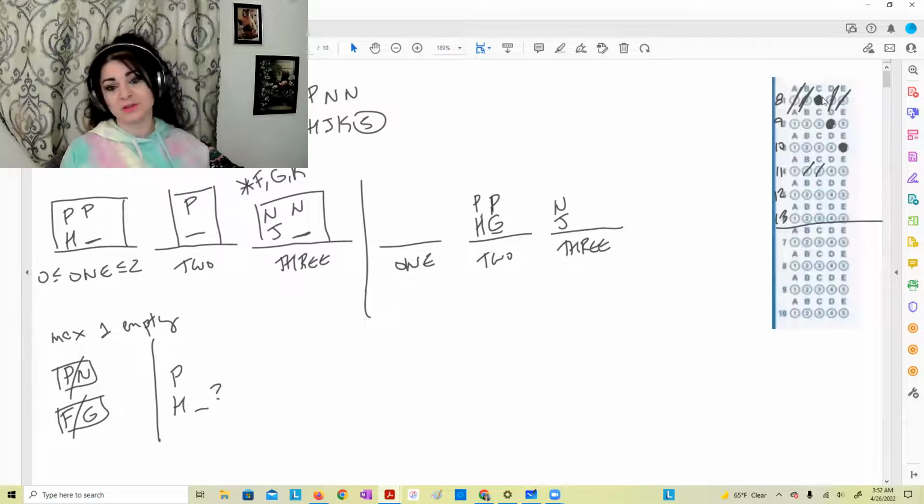So now as I look at my right side, what I'm thinking is, well, where's everyone else going to go? Well, F can't be with G. So F would either be in 1 or 3. Let's do both of those.